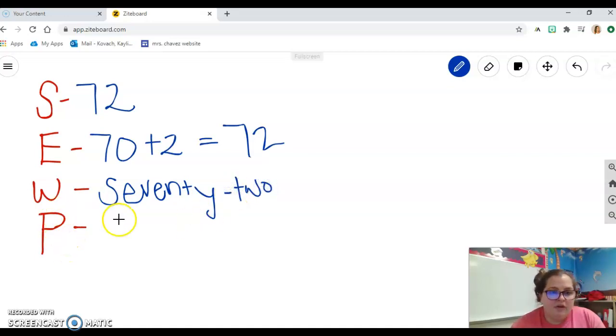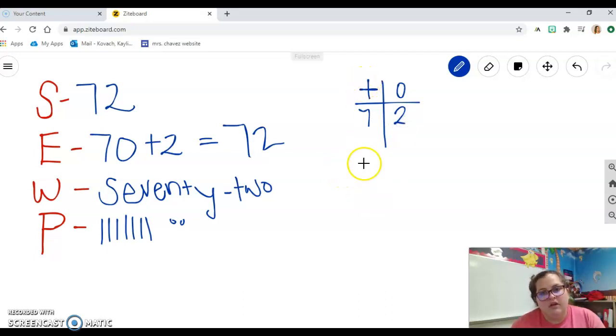Okay, and then pictorial form is going to be 1, 2, 3, 4, 5, 6, 7 tens, and then 2 ones. So we have 7 tens, which is 70, and 2 ones, 72. Okay, and if it helps you, you can do your tens and ones charts. So you can do tens and ones. 72. 7 in the tens place, 2 in the ones place.